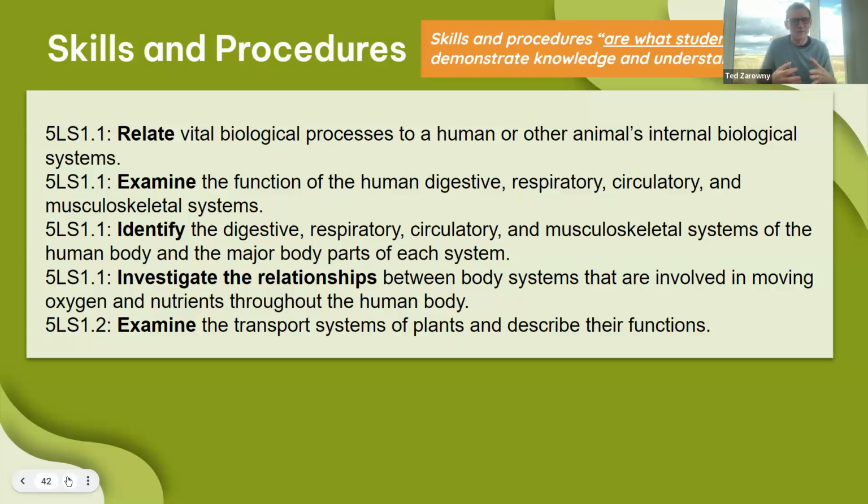So it's focusing on just those particular things about plants and animals and the different parts of them. Same with identifying the digestive, respiratory, and circulatory systems and so on, and the body parts associated with them. That's again connecting what's part of each system and knowing that.